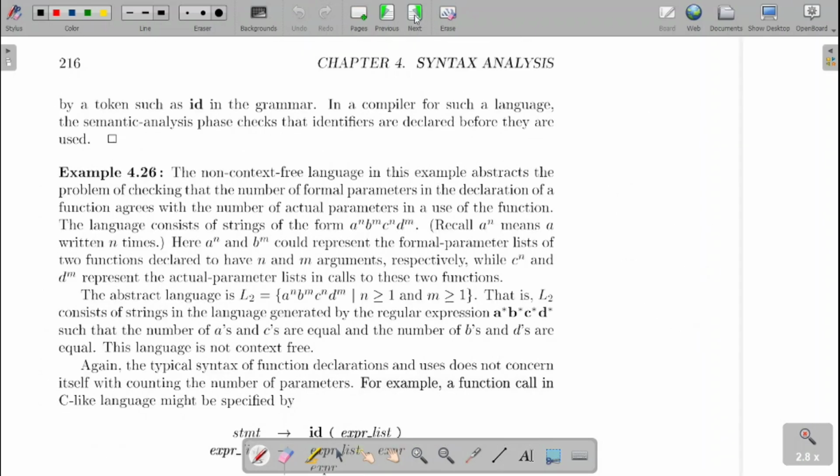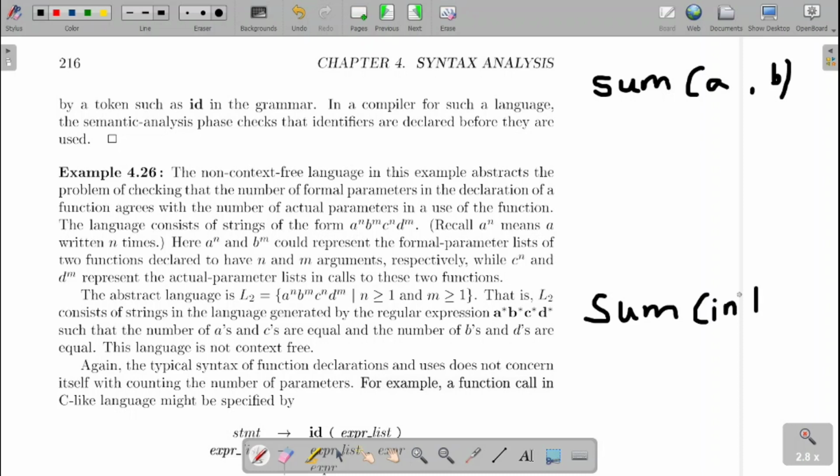Handling that case. And the other case: if I call a function as sum(a, b), then in the function definition I will write sum(int x, int y).